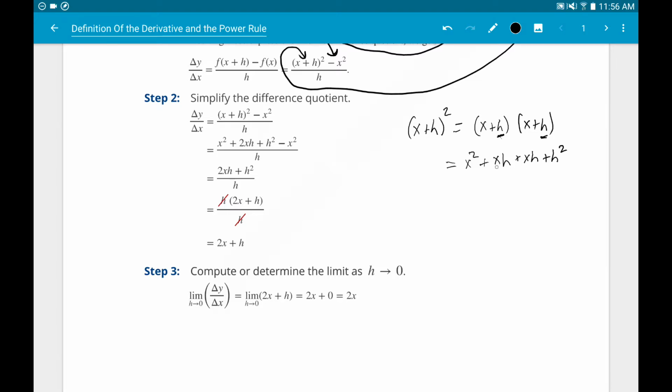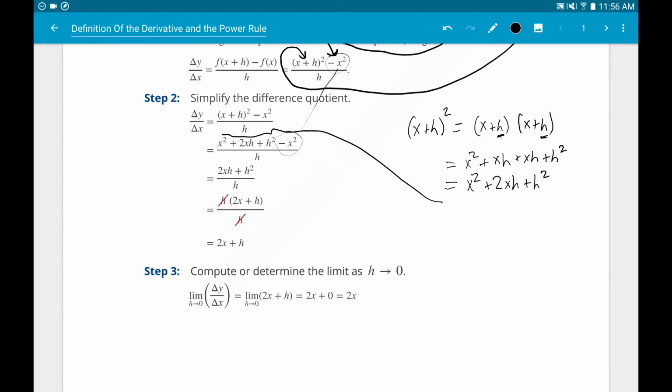So you've got 2 like terms in the middle there. So you get x squared plus 2 xh's plus h squared. And that's what they're getting right here: x squared plus 2xh plus h squared. And don't forget you still have the minus x squared that you had previously up here.